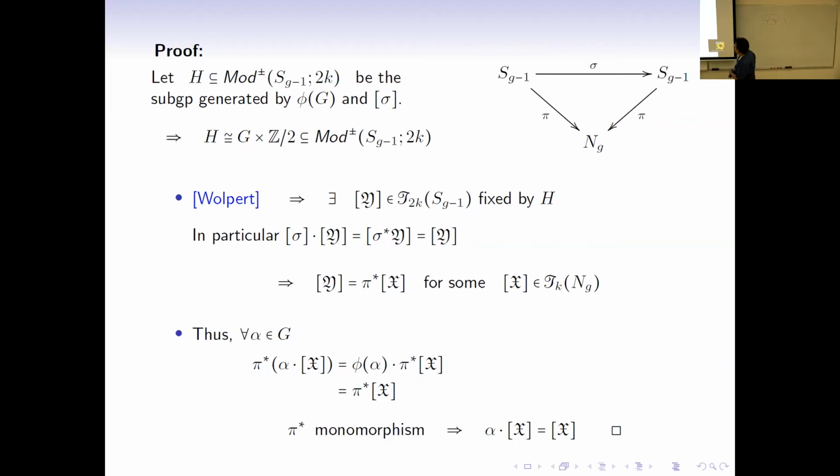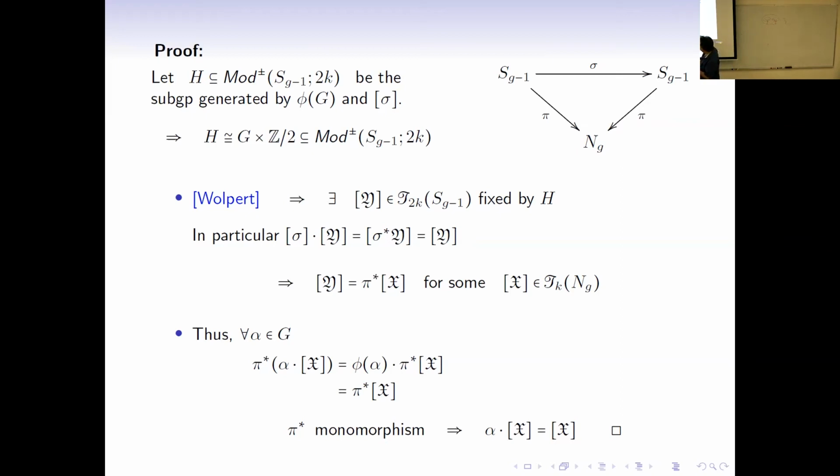It turns out this group is just the product G times C2 that lives in the extended mapping class group of the orientable surface. So Bolt's result tells you that this new group has a fixed point, and in particular, it's fixed under the action of sigma.